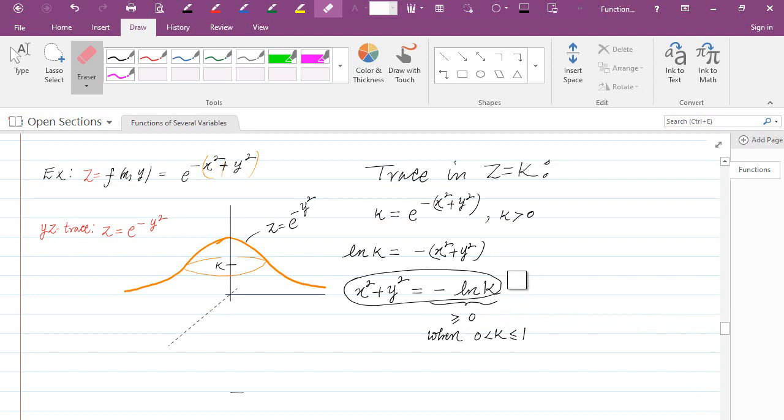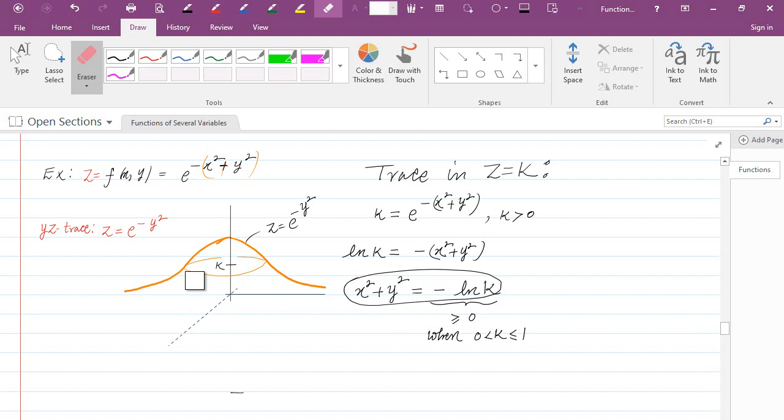So we already know k is positive, and when k is less than or equal to 1, then ln of k would be non-positive, and then with the negative it will be non-negative, and then this equation will make sense. So k has to be between 0 and 1, and then we see that this equation is actually a circle of radius given by negative ln k, centered at 0, 0.